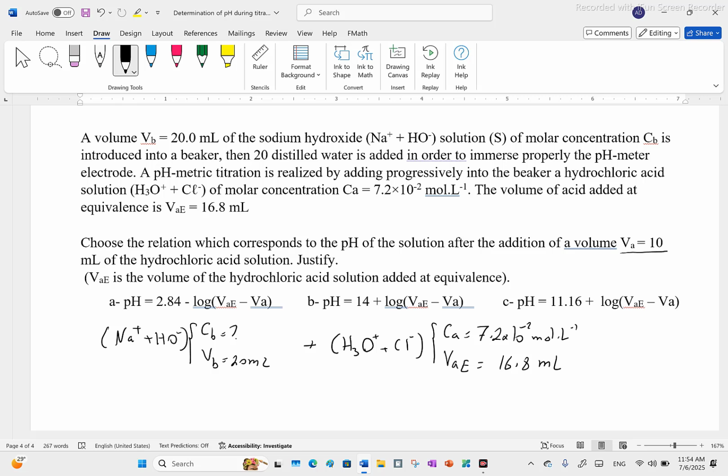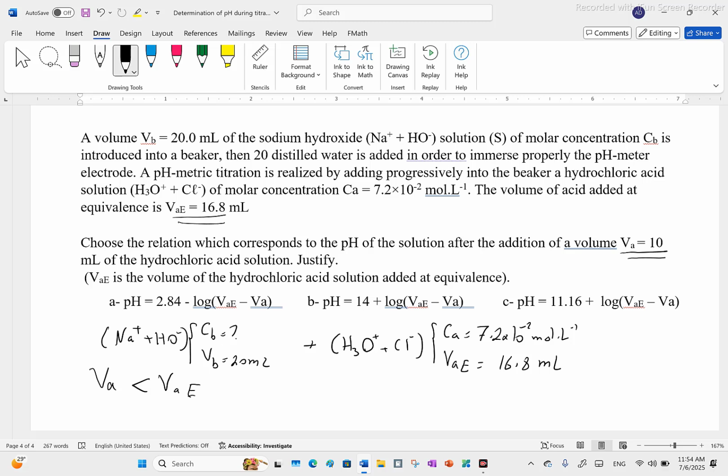Now choose the relation which corresponds to the pH of the solution after addition of a volume VA equal to 10 milliliters, less than VAE. Then we have VA less than VAE. Which relation is the correct one? pH equals 2.84 minus log (VAE minus VA), or 14 plus log (VAE minus VA), or 11.16 plus log (VAE minus VA).